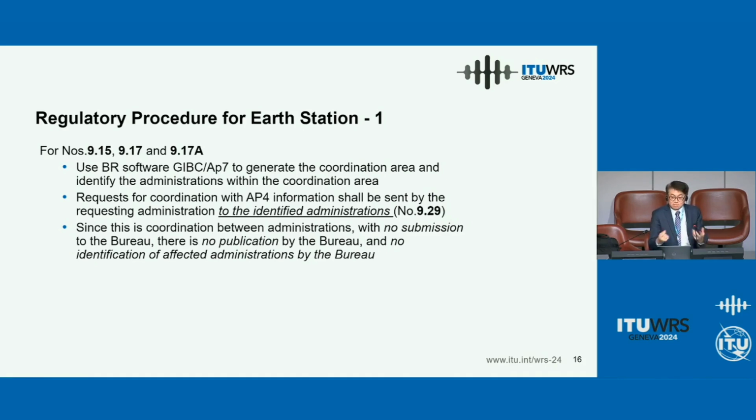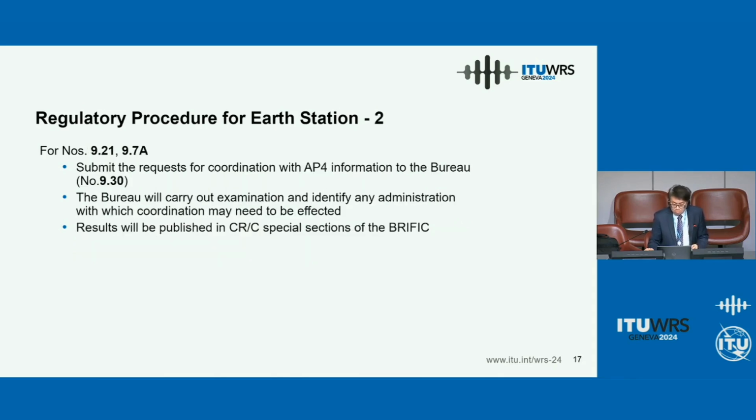You should submit it to the affected administrations. Now, how are you going to know who are the affected administrations? Use our software GIBC AP7, okay, to generate the coordination area. And then any administrations that fall within that coordination area, you will have to coordinate with them.